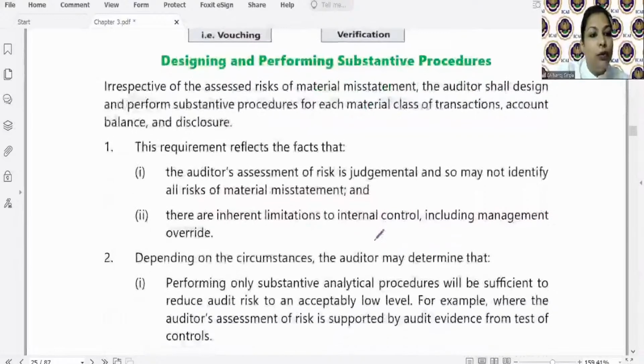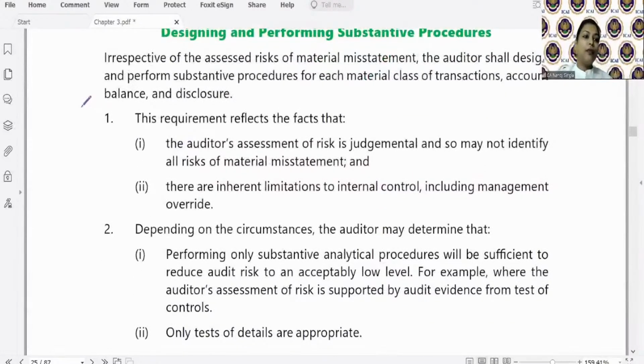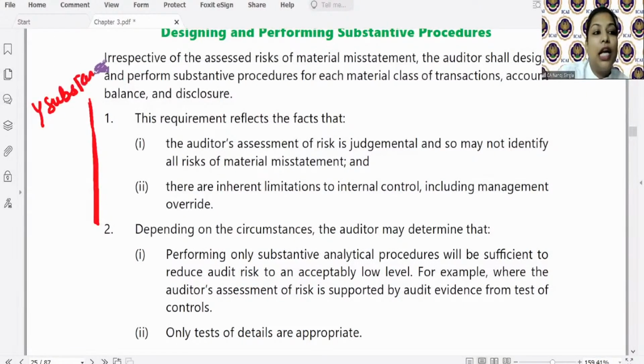So see, what is this pattern? It is basically talking about why substantive procedures are to be performed even if internal controls are good. Why are substantive procedures required?